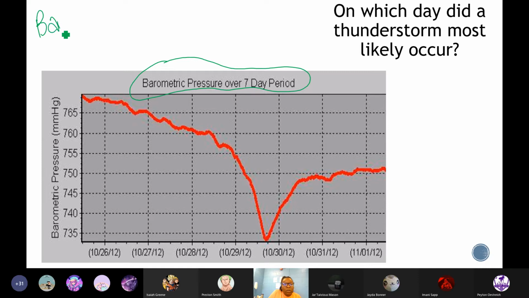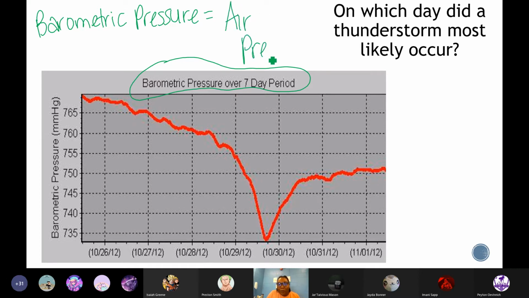Well, we want to make sure we understand that barometric pressure is just a scientific way of saying air pressure. Yes, barometric pressure and air pressure are the same thing, okay?